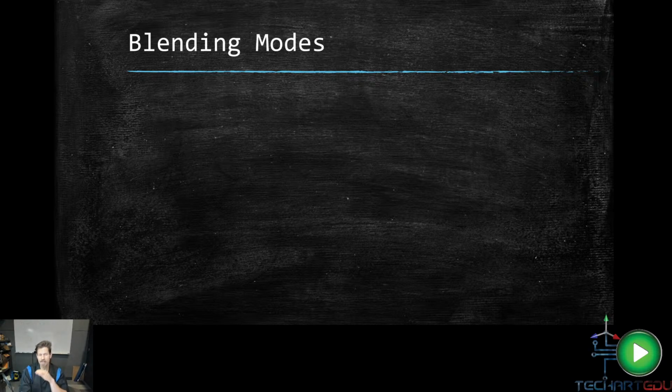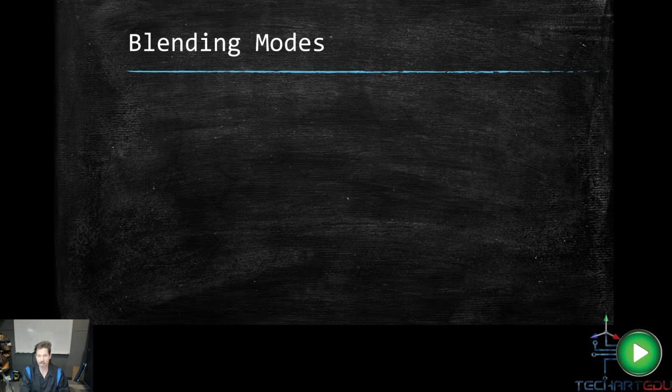Now the thing to remember about blending is that there are certain blending modes. The blending mode function is not too complicated, but it takes a little bit of getting used to. So the rendering folks, when they were creating the rendering engine, created a bunch of modes to do all the stuff for you.